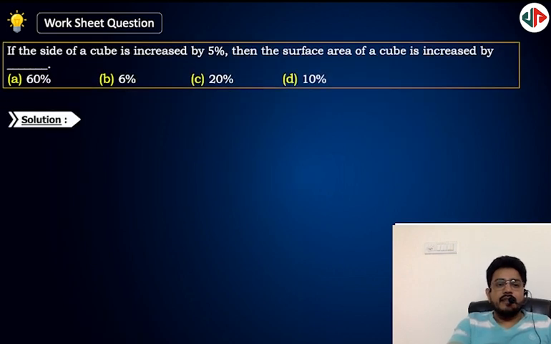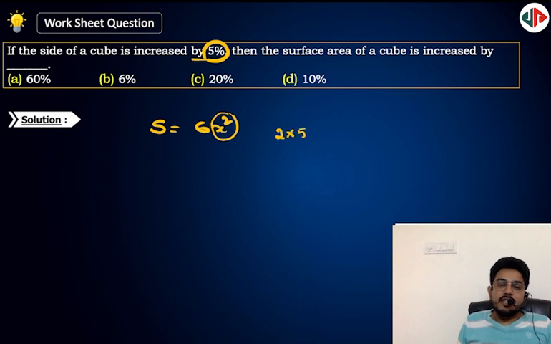A side of a cube increased by 5%. Surface area of the cube is 6x square. So how much? 5% into 2, this is going to be 10%. Why?